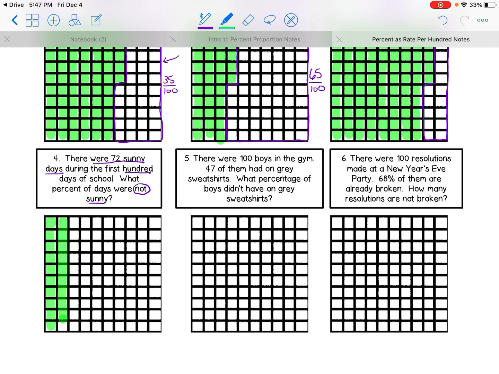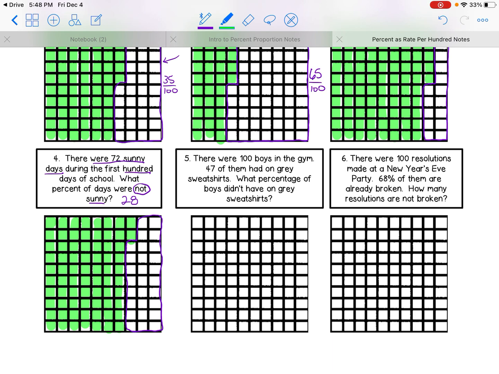Let's shade in 72. There would be 10, 20, 30, 40, 50, 60, 70, and then 2 more. And then everything else that's left is how many days were not sunny. Okay, so if we count all those that are remaining, we have 28. So there were 28 days that were not sunny.